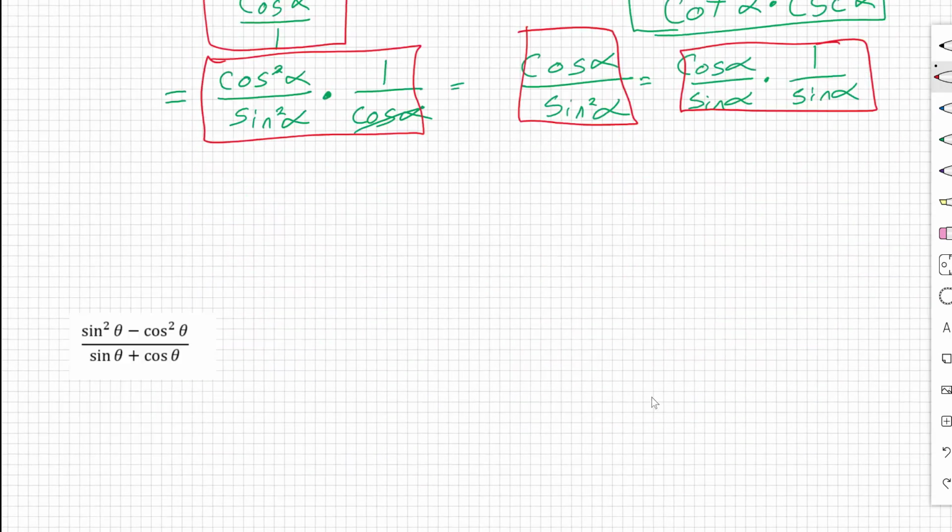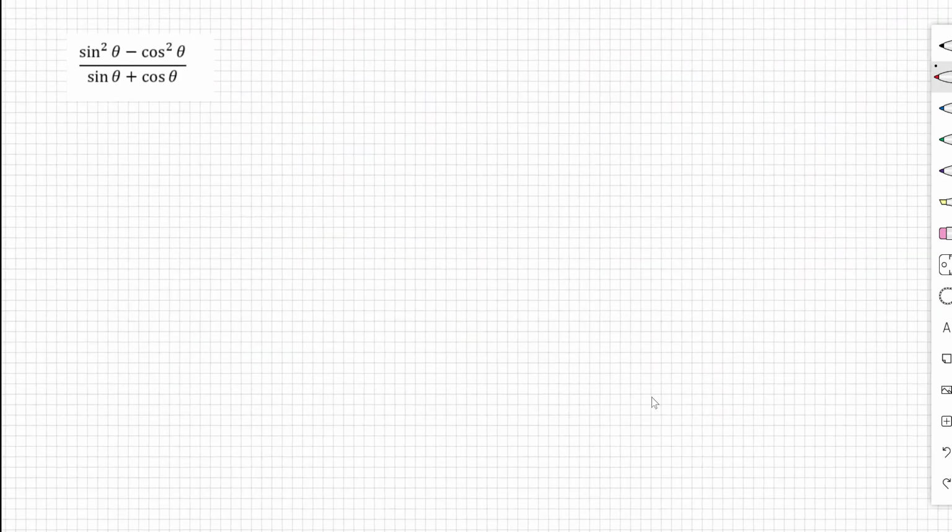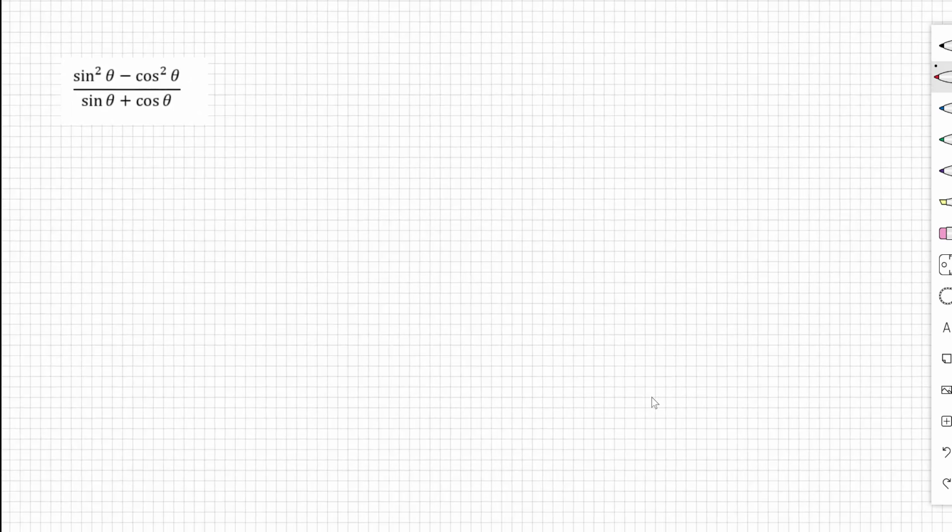Alright, last one. Sine squared theta minus cosine squared theta over sine theta plus cosine theta. Yikes. Let me look at my Pythagorean identity. It was sine squared theta plus cosine squared theta equals 1. All I can do is add things or subtract them from both sides.